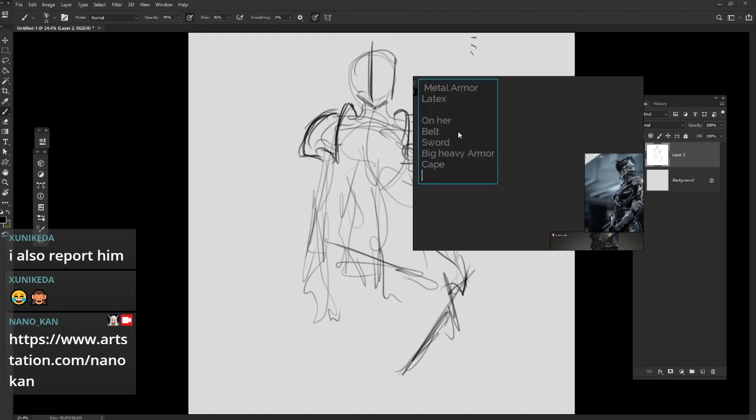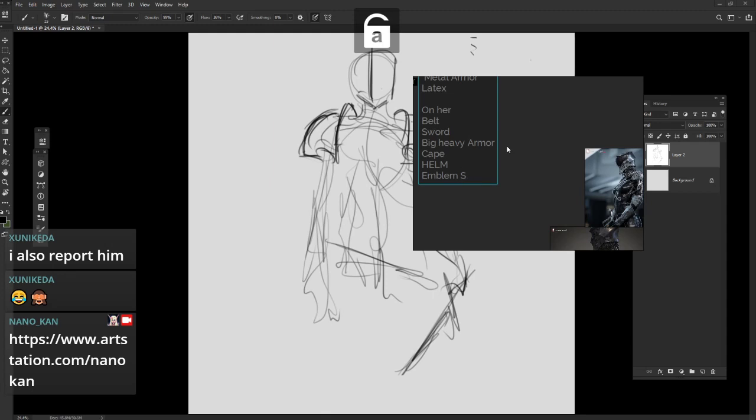What can I add more? Helm. I can add a helm. Nice. Emblem or sigil. Ornaments.